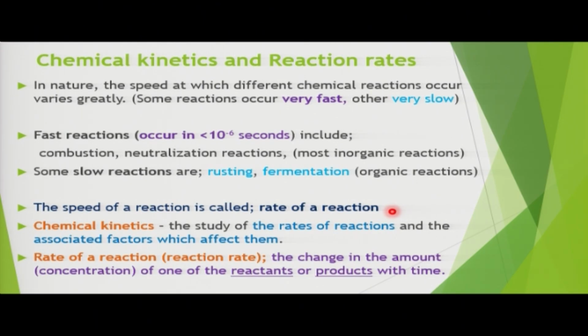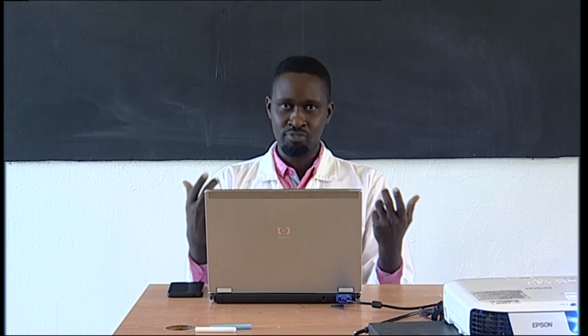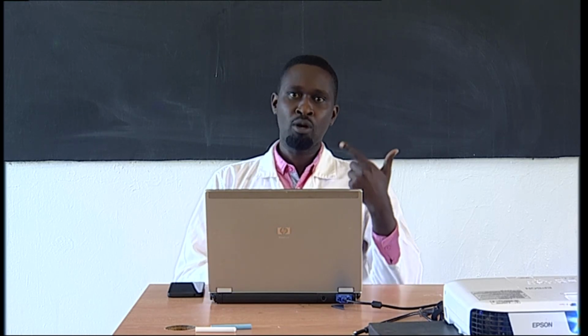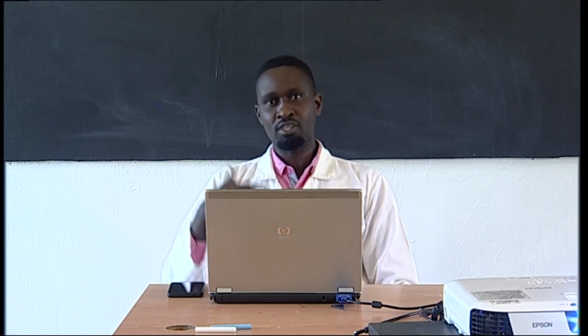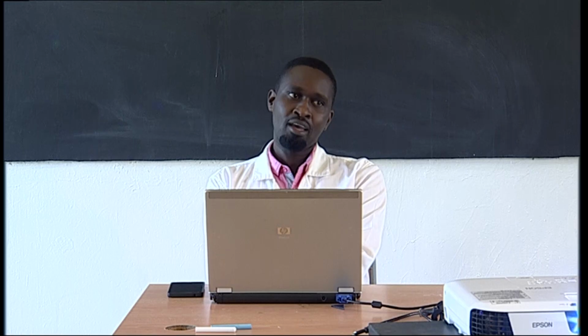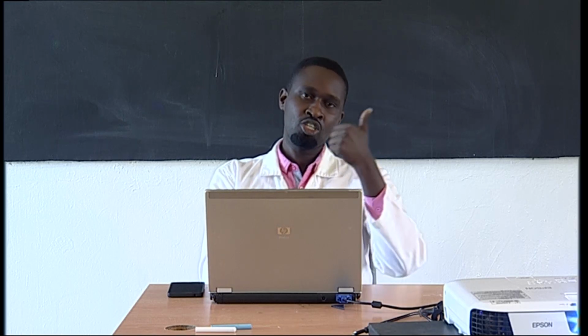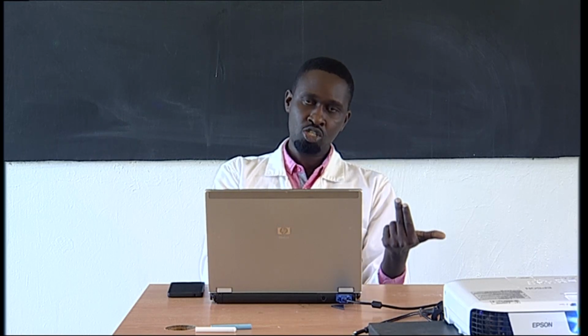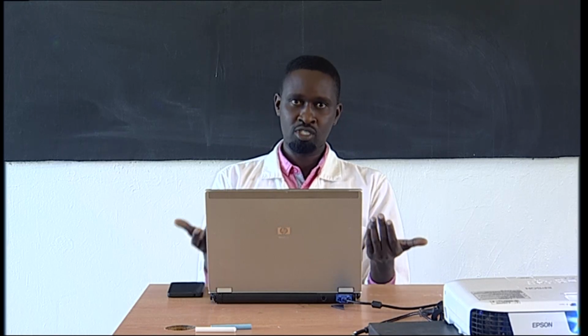So in this topic, as I told you, chemical kinetics, it's just about the study of rates of reactions and what factors bring about slow reactions and faster reactions. And finally, we shall be looking at the rate of reaction in terms of the change in amount of the reactants or products with time.